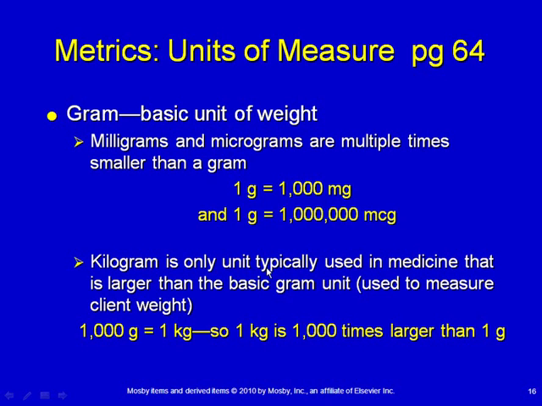Kilogram is the only unit typically used to measure that's larger than the gram unit. We don't use those others, so for practical purposes we won't look at those. We just know that a gram is the base, 1,000 times the gram is a kilogram. So 1 kilogram is 1,000 times larger than a gram.